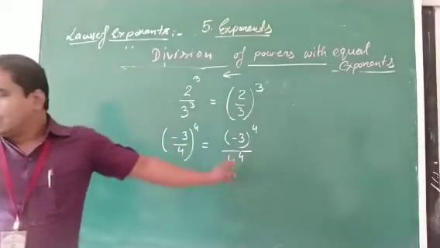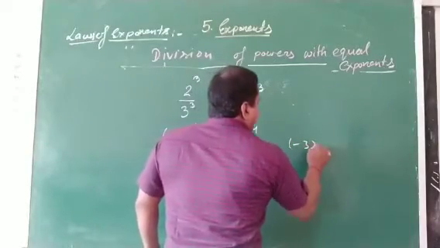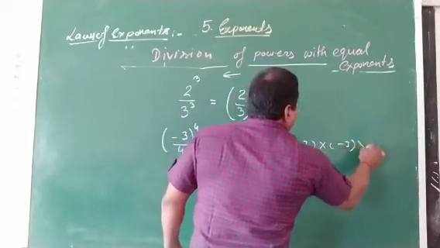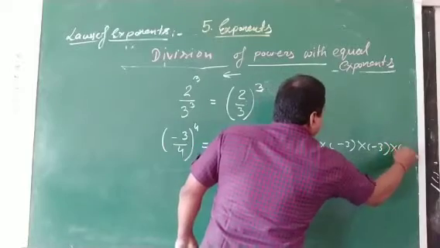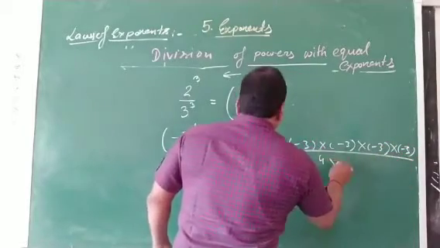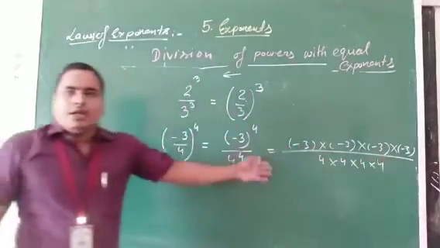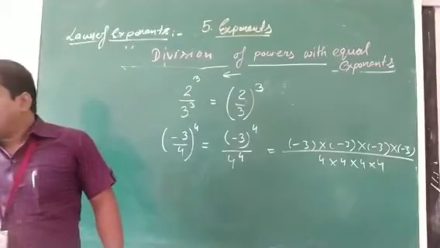So you can solve this. You will get the answer like this: minus 3 into minus 3 into minus 3 into minus 3, and 4 into 4 into 4 into 4.